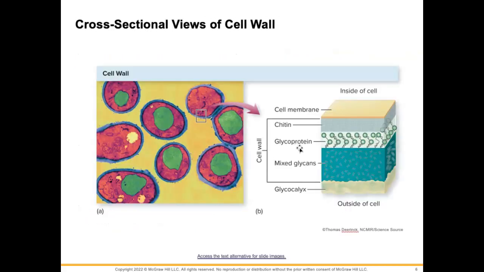Here's a picture of a type of fungi, and you can see they're showing this expanded. You can see some glycoproteins, some glycans, the cell membrane, and then underneath that is the chitin. Actually, this is outside, this is inside, I got that backwards. So the glycocalyx is outside.